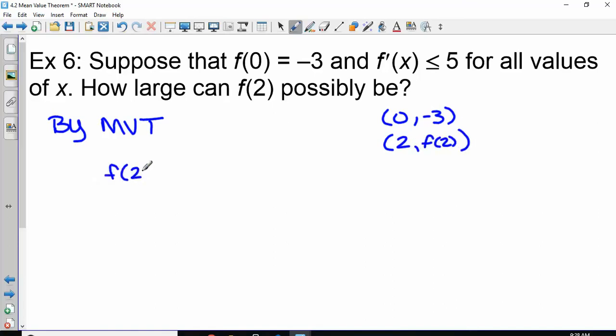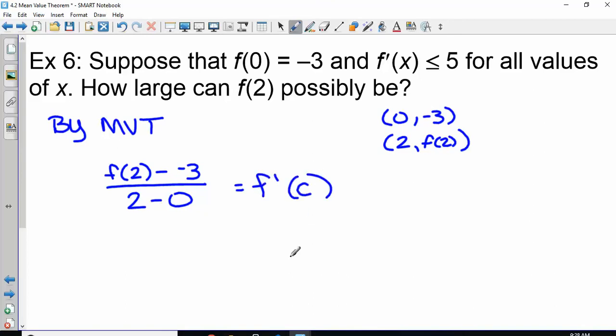So if we found that slope, somewhere it'll equal the derivative of this function. Okay, so that tells us your derivative equals f of 2 plus 3 over 2.